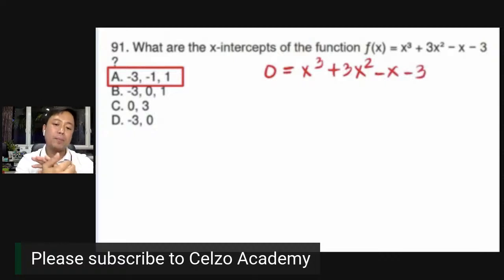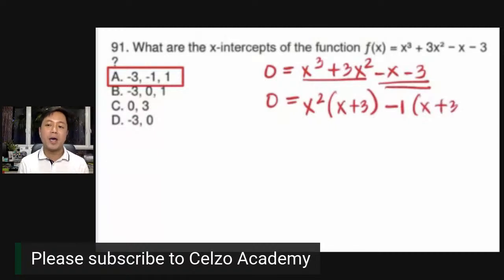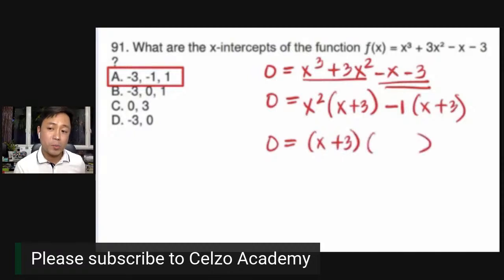And then you can do factoring by grouping. You can have the first 2 terms as the first group, the last 2 as the second group. The first group, take out the x squared. And for the second group, you take out the -1 as a GCF. So now you can factor it as x plus 3 times x squared minus 1, which is also a difference of perfect squares.